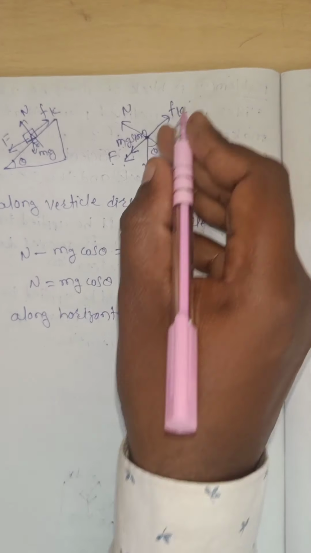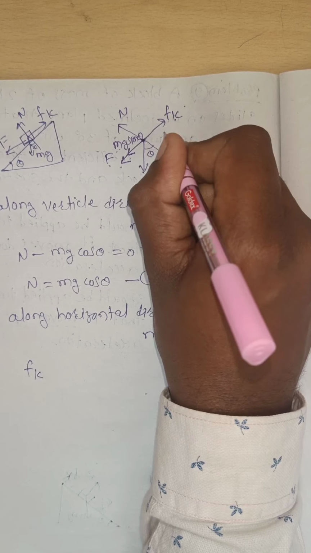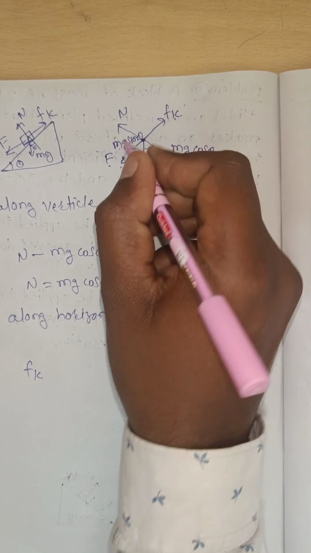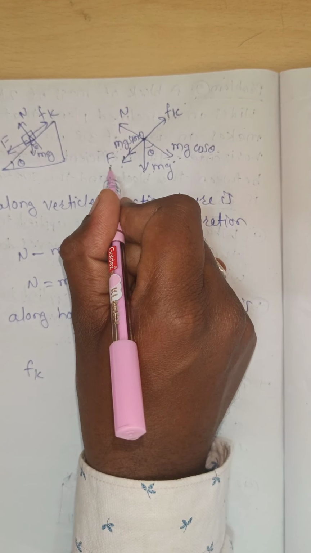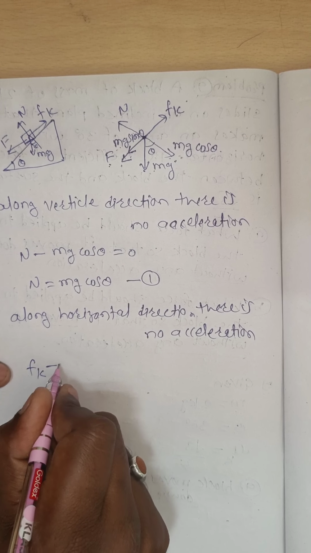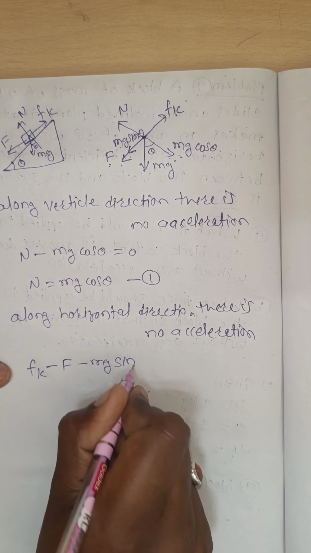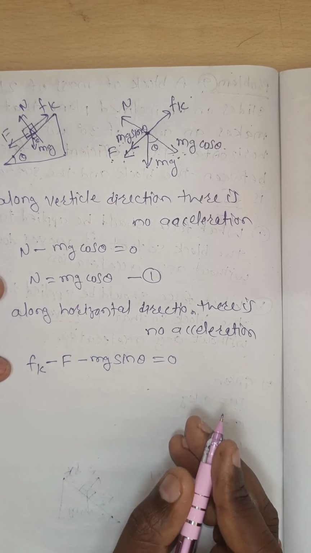Now apply Newton's second law: kinetic friction is in the positive x direction, and in the negative x direction we have the applied force and mg sin theta. Therefore, Fk minus applied force minus mg sin theta is equal to 0.